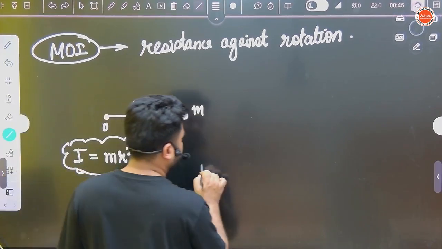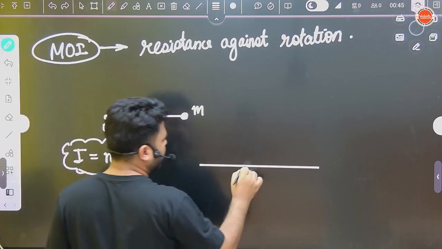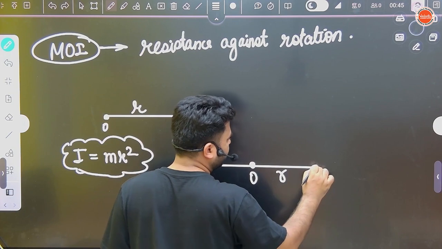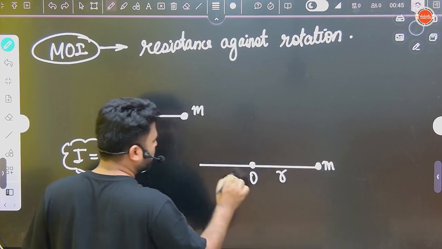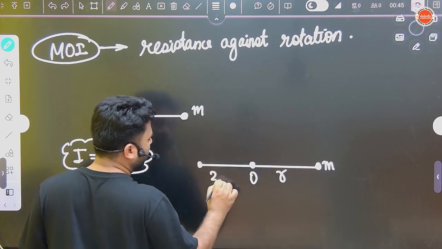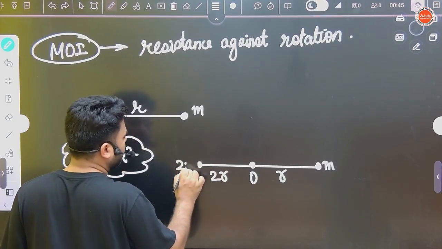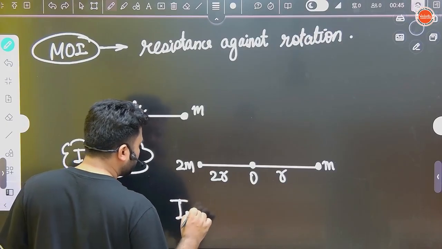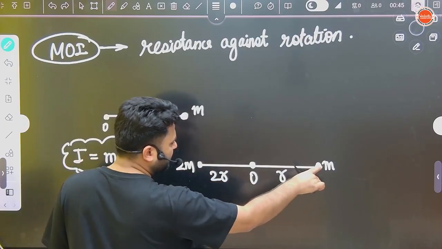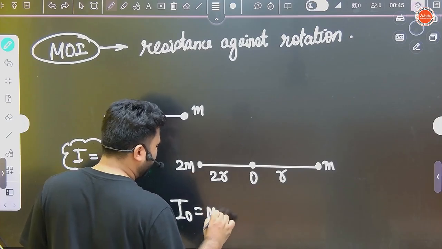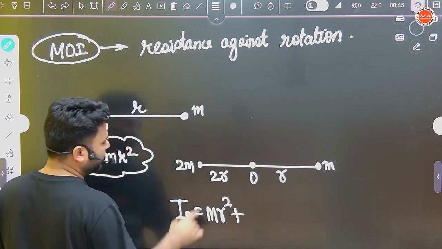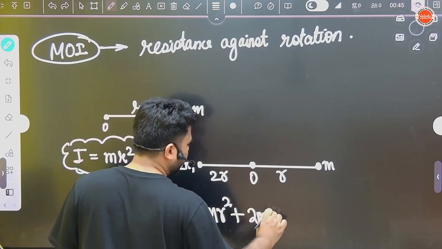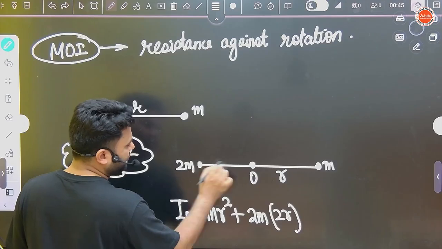Suppose, for example, this is my center of rotation. At a distance r, there is one mass m, and again at a distance 2r, there is a mass 2m. If I ask what is the moment of inertia about O, due to this mass at a distance r, we write mr square, plus due to this mass, mass into distance square: mass is 2m, distance is 2r from the center of rotation.